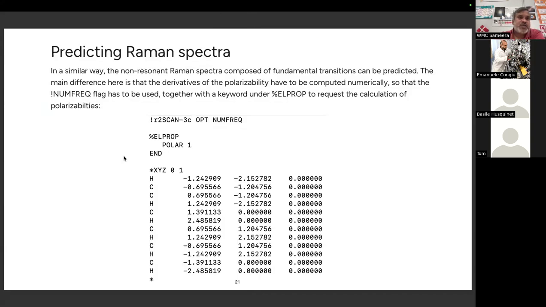Now, if you want to get Raman data, again, it is a very easy approach. You can compute the structure. But in this case, we want numerical frequencies.